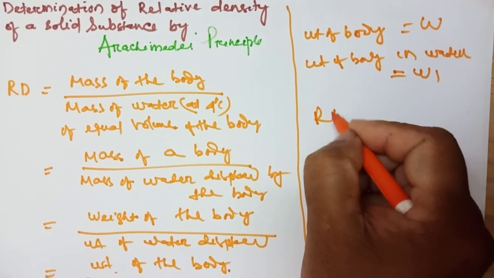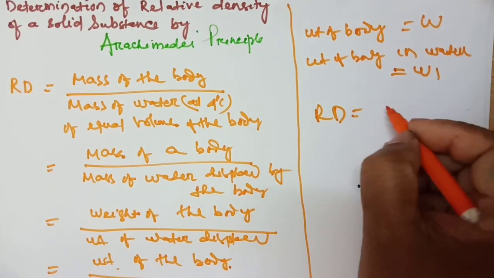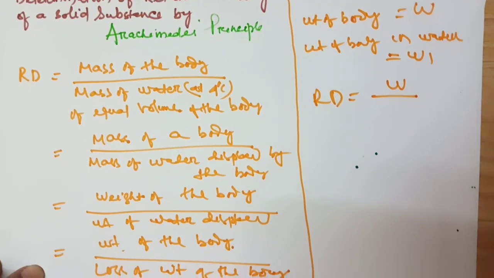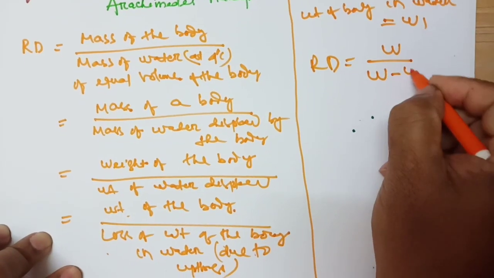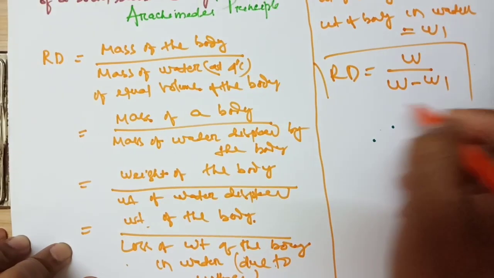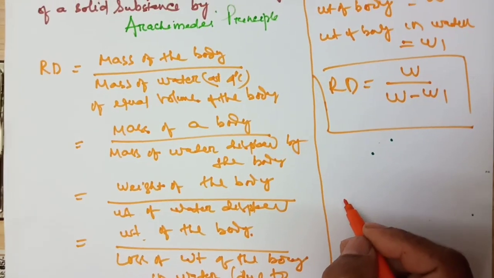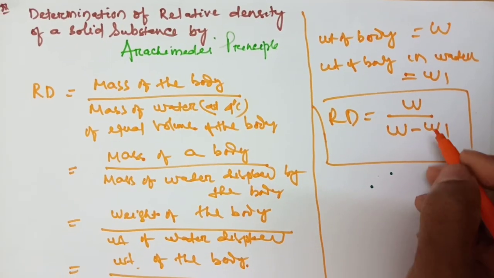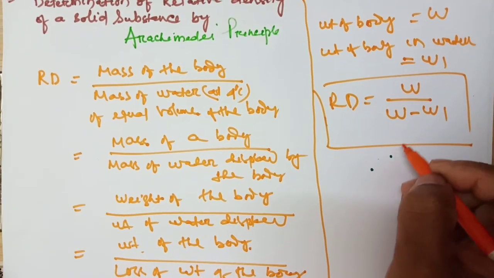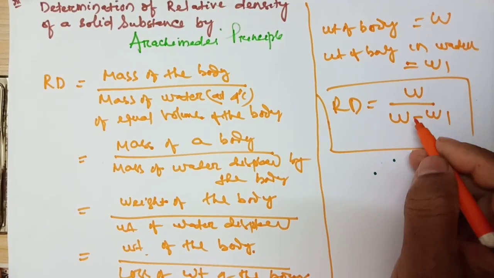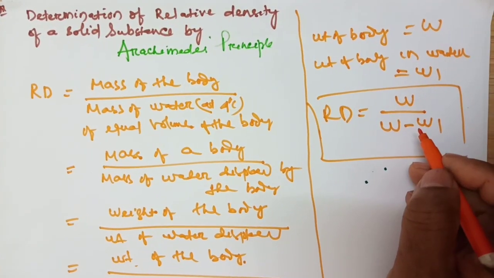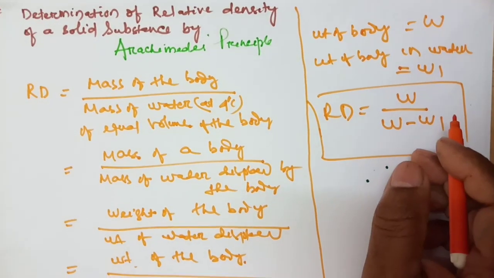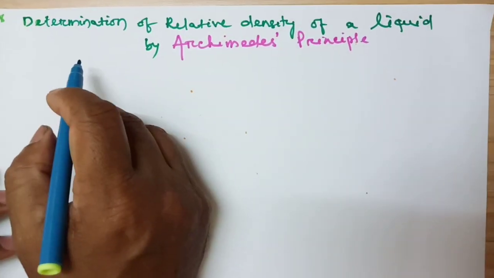So what is relative density? Weight of the body W by loss of weight, W minus W1. So this is the formula. You can derive it. First you find the weight of the body, then the weight of the body in water. Then you subtract, and you get the loss in weight. So W by W minus W1.